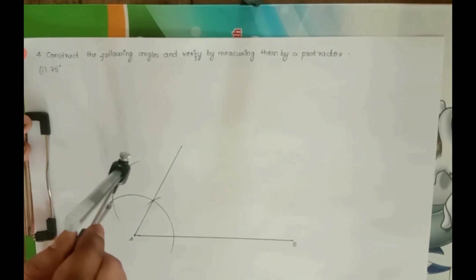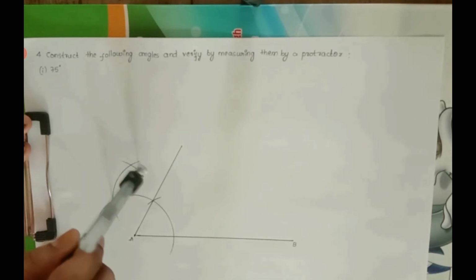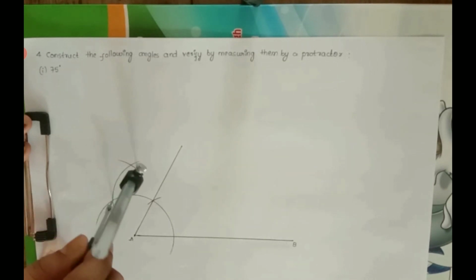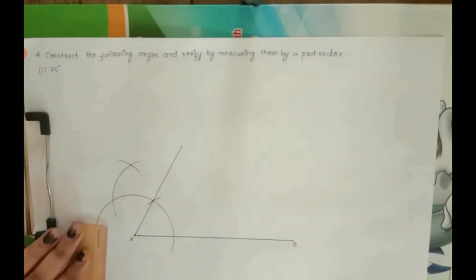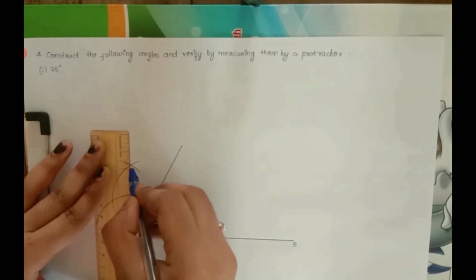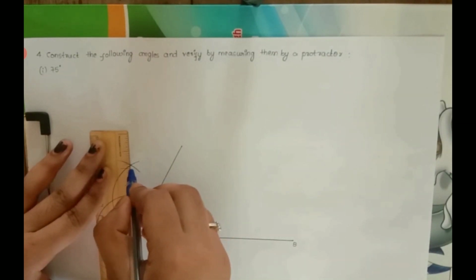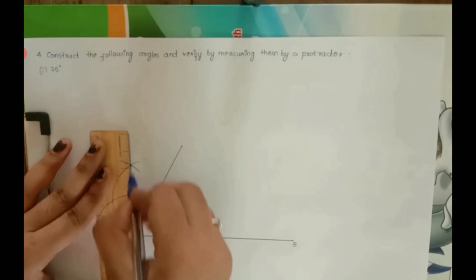You should not change the radius taken at the starting. Now you got a point. Join that point to the initial point A to get 90-degree angle.